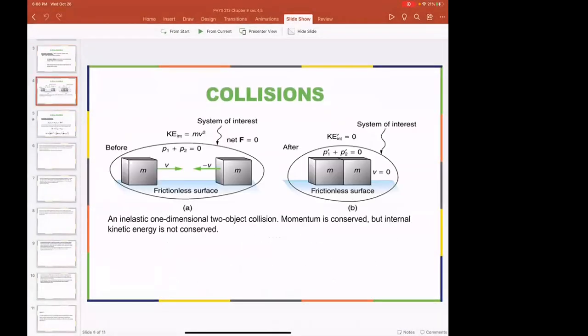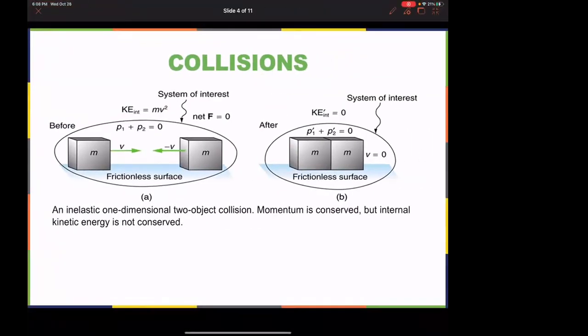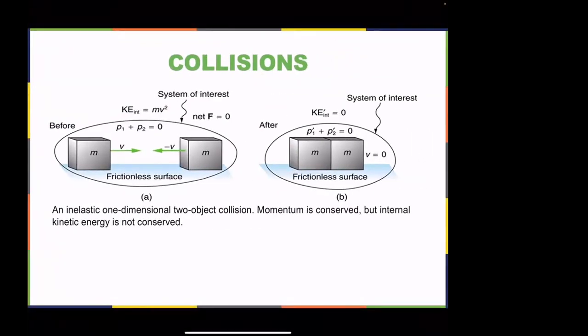So when they collide, right here you can see an object. And remember, kinetic energy is a scalar. So this object would have a kinetic energy, and this would have a kinetic energy. And remember, kinetic energy is equal to 1/2 mv squared. So both these two objects, when they collide, if kinetic energy was conserved, they'd have 2k. But what happens is after they collide, they have no velocity. If your velocity equals 0, that means your kinetic energy equals 0.